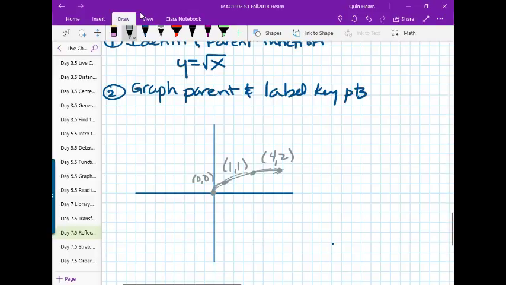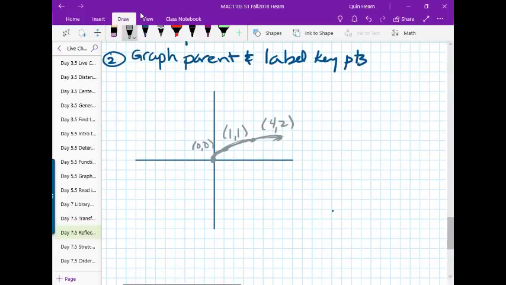All right, especially for those of you who are going to go the calculus route, you definitely need to be graphing the shapes accurately. We're going to be very concerned with the shapes of functions once we get into calculus, so you need to make sure it has that little curve to it.